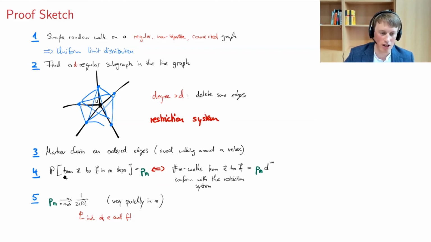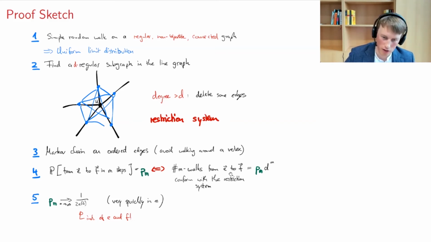And now there's a key observation. Let's have this Markov chain where I walk on the subgraph of the line graph, and I know that the probability of going from E to F in m steps is P_m, which also depends on E and F, but let's say this is just some value.